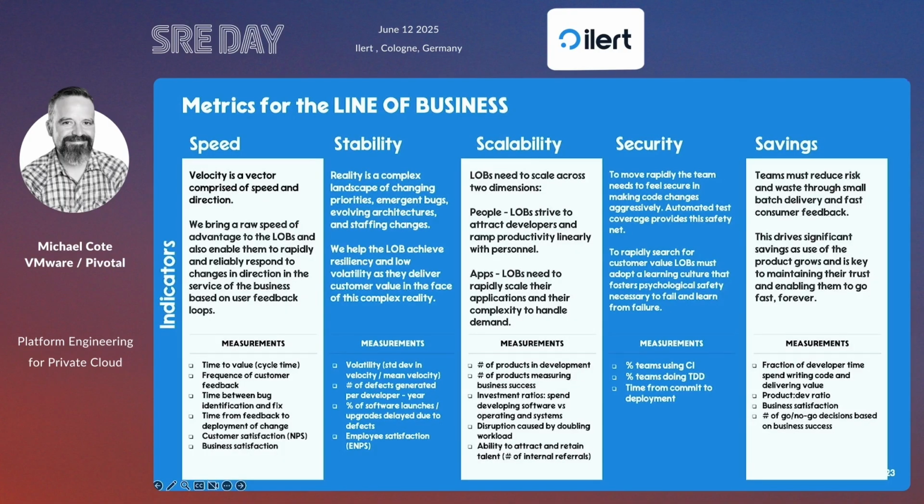Now, I think maybe the second to last thing I'll go over that I especially see that's important in private cloud platform engineering is thinking about, to put it very directly, how you justify your ongoing budget. And a lot of that has to do with talking about the value of what your platform is doing in terms that are not really technical at all, that speak to people who don't really care about the technical nature of things.